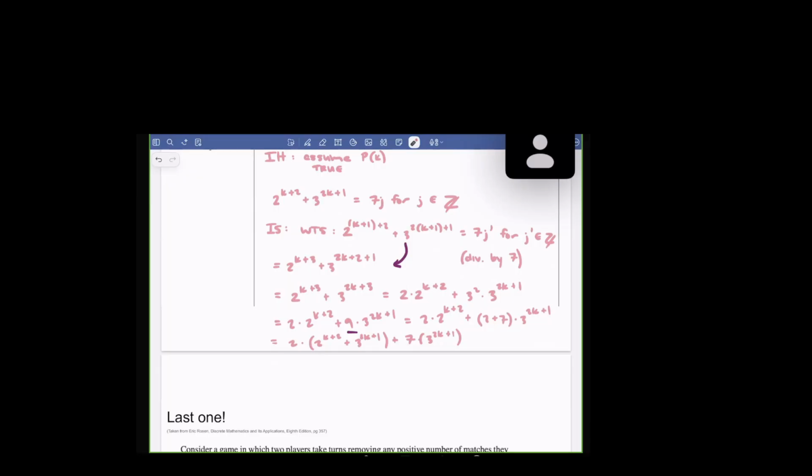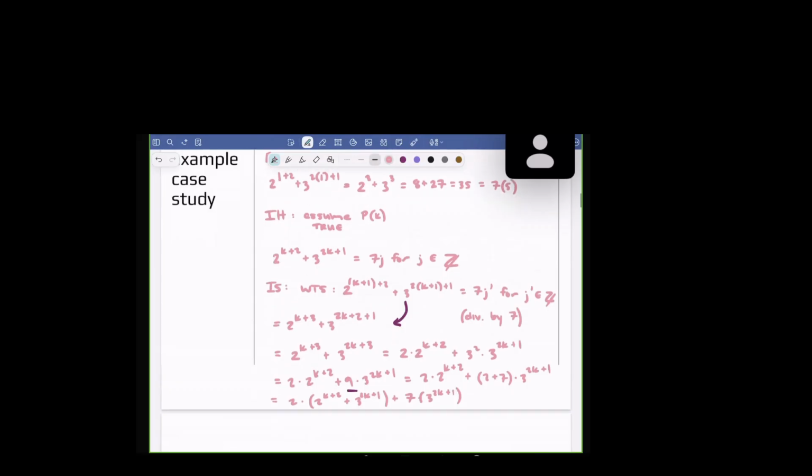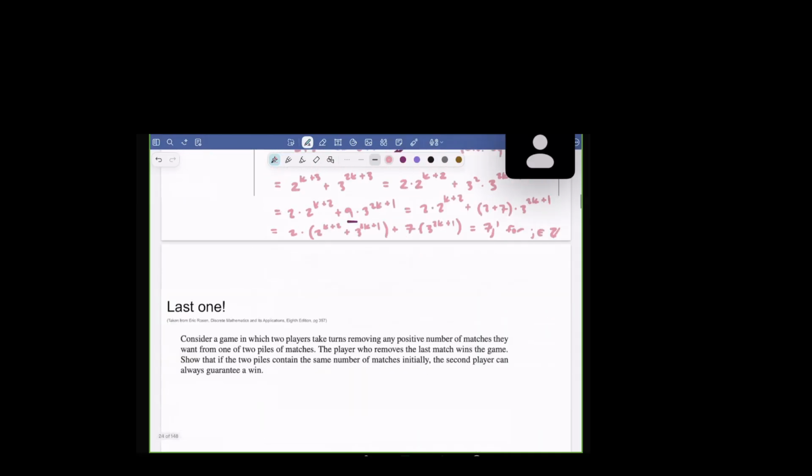So because they're both divisible by 7, the entire thing is divisible by 7, which means that this whole thing is equal to some j prime in integers. Yeah. Any questions? Some algebra, some factorization. If not, we can move on.